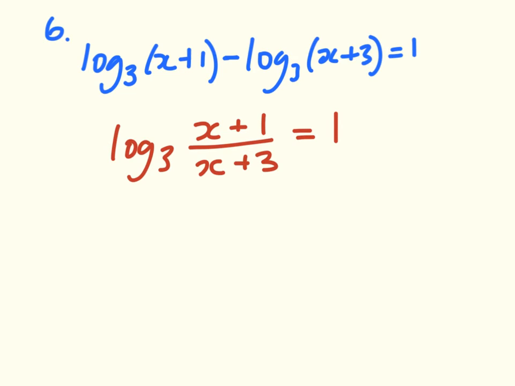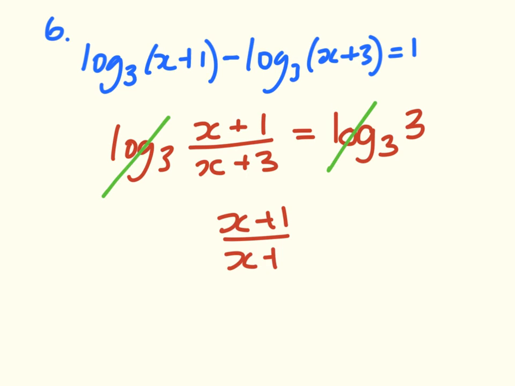So I'm going to change 1 into log to the base 3 of 3. Now that I've got log to the base 3 on this side and log to the base 3 on this side, they in effect cancel each other out. So you're left with (x plus 1) over (x plus 3) equals 3 over 1. A little bit of cross multiplying will give you what x equals.